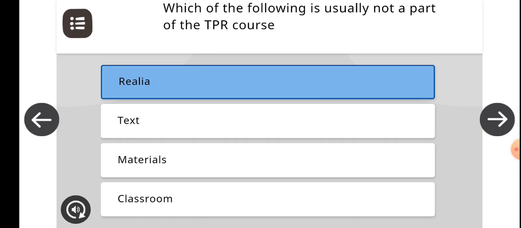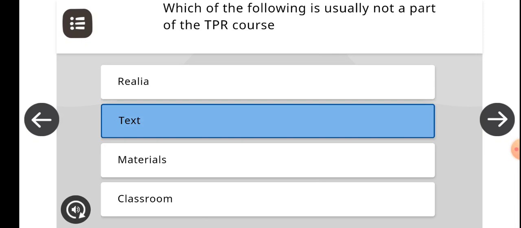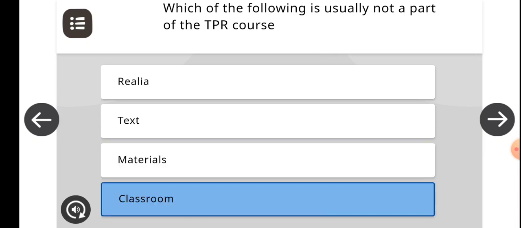Realia: have a look at it. Realia means the objects and materials we use in our daily life, which are treated as TLM. And the textbook or materials or classroom is not part of the TPR course.